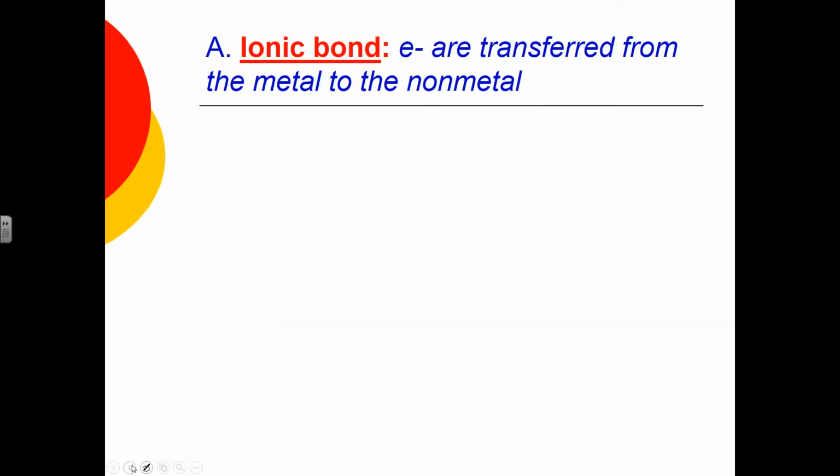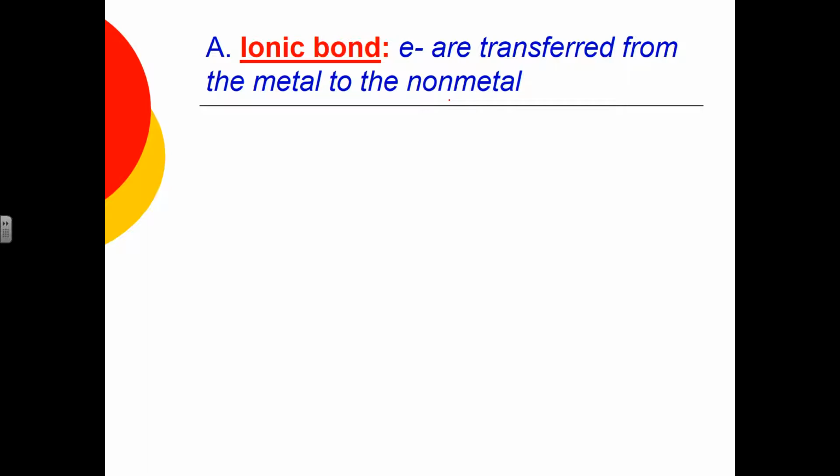Let's define an ionic bond. Now, from the name ionic, you see ion. So we learned that ions form when an atom gains or loses electrons. Well, in an ionic bond, electrons are transferred from the metal to the nonmetal.